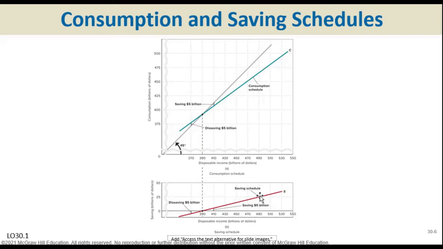The saving schedule, which is B here, is found by subtracting the consumption schedule A vertically from the 45-degree line to get this. So consumption here is equal to disposable income right here.